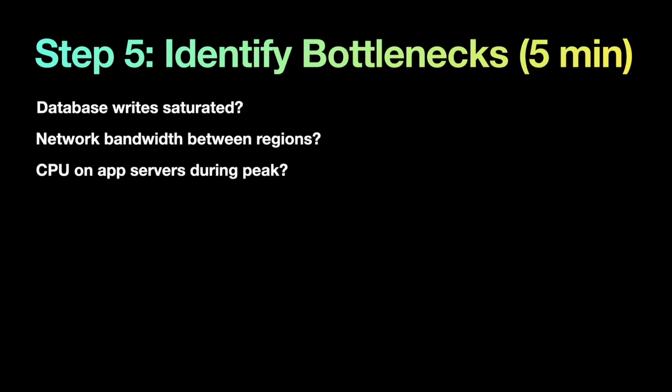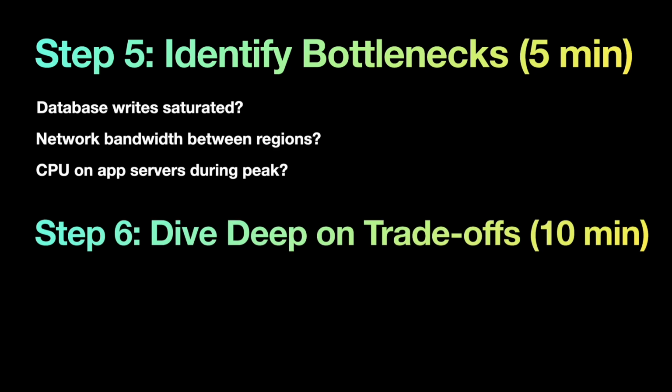And then based on the bottlenecks, you talk about the trade-offs, right? This part you should keep at least 10 minutes to discuss the trade-offs, because this is important, because no system really is black and white, right? It's always gray, and it always depends on the trade-offs, like I've always said in all my videos, right?